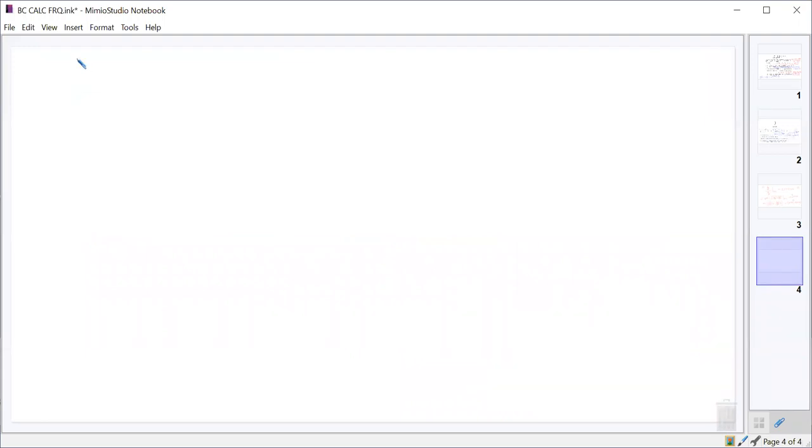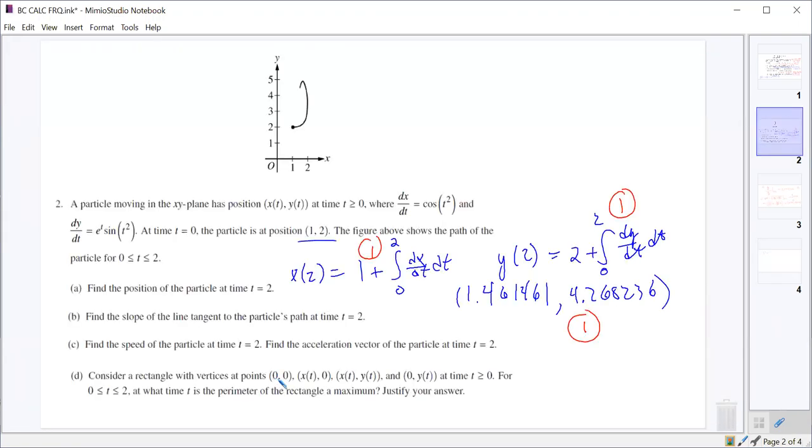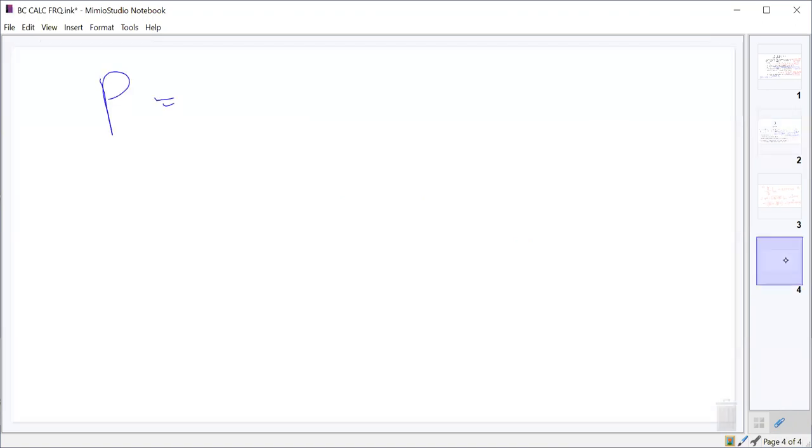I probably don't need to draw our perimeter. What should our perimeter be? If we're going from (0, 0) to x of t, and then x of t to y of t, and then 0 to y of t, our perimeter ought to be 2 times x of t plus 2 times y of t. Everybody agree with that as your perimeter?